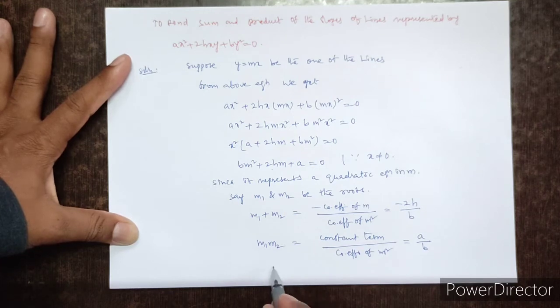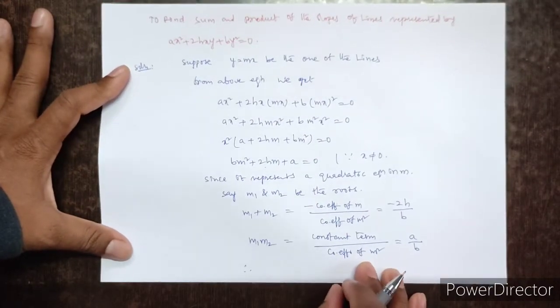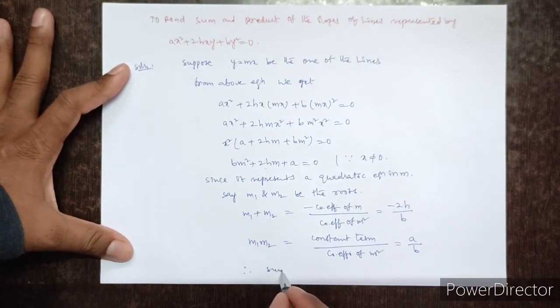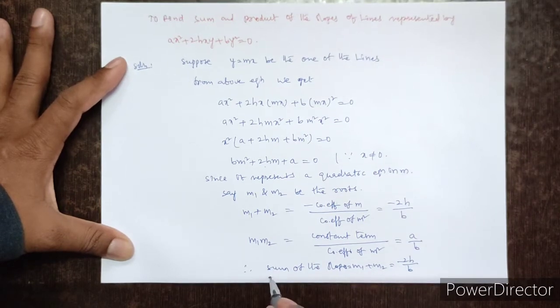So therefore sum of the slopes, m1 plus m2 equal to minus 2h by b, and product of the slopes equal to m1 into m2 equal to a by b.